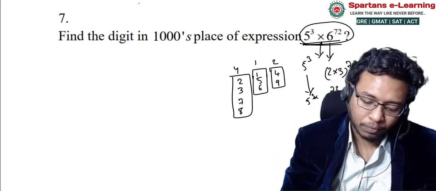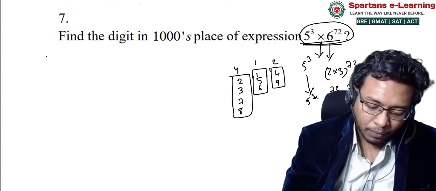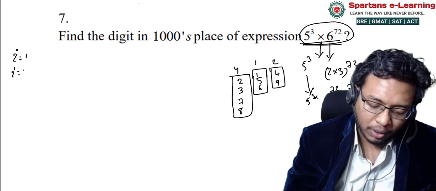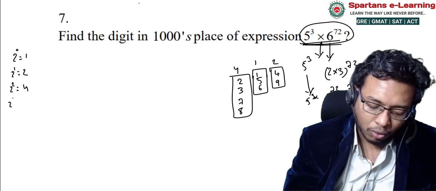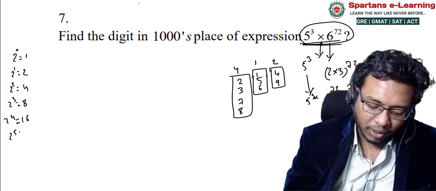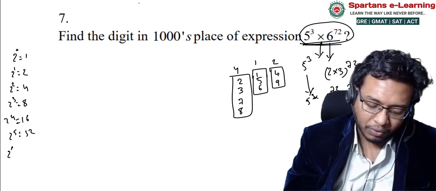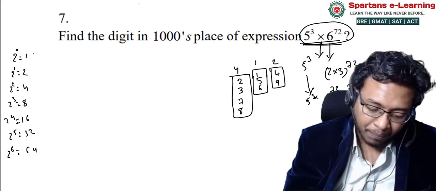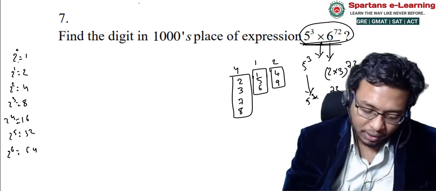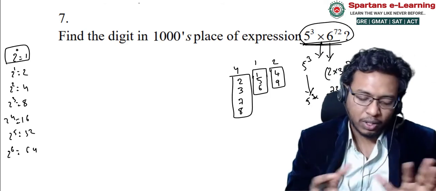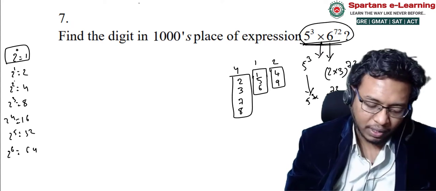Now see here, if I take 2, 2 power 0 is 1, 2 power 1 is 2, 2 power 2 is 4, 2 power 3 is 8, 2 power 4 is 16, 2 power 5 is 32, 2 power 6 is 64. If you observe the last digit, this 1 is common for every number, since any number to the power 0 is 1. So for 2s, just consider 1, 2, 3, 4.